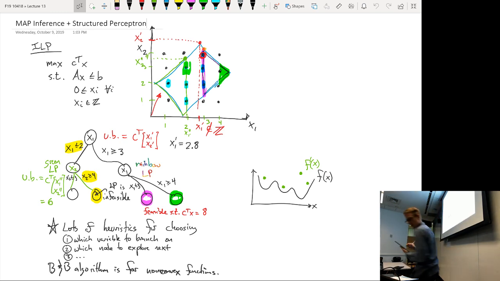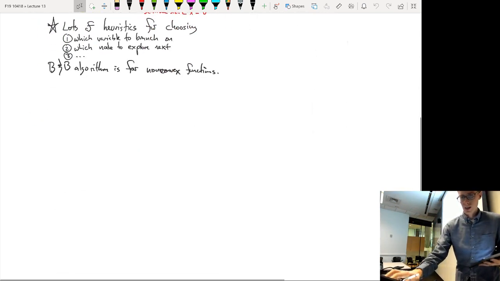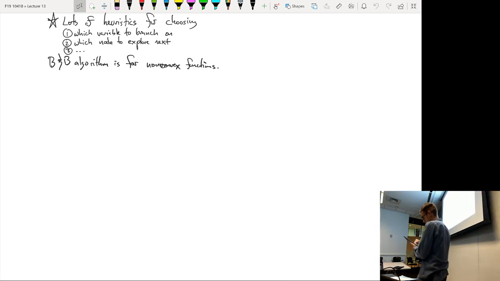So our first example of MAP inference for ILP is going to be a binary pairwise MRF.